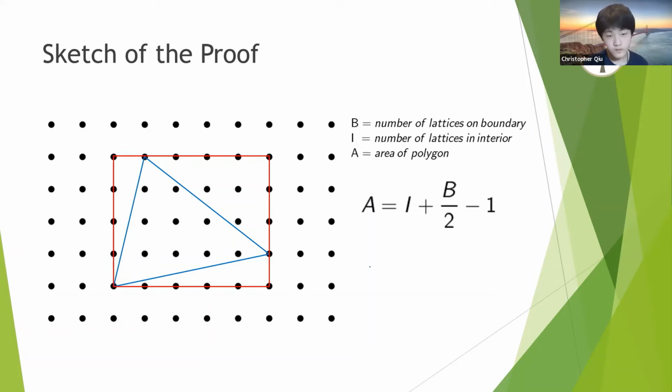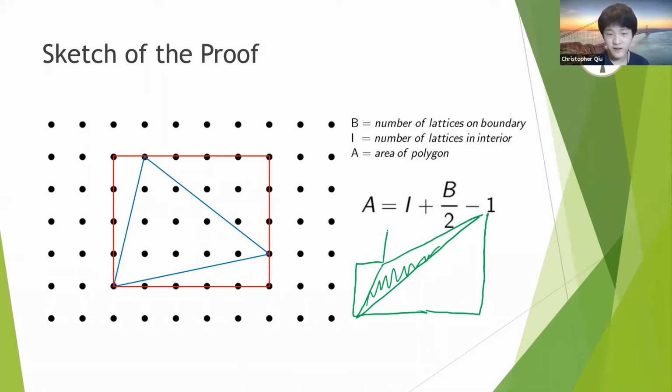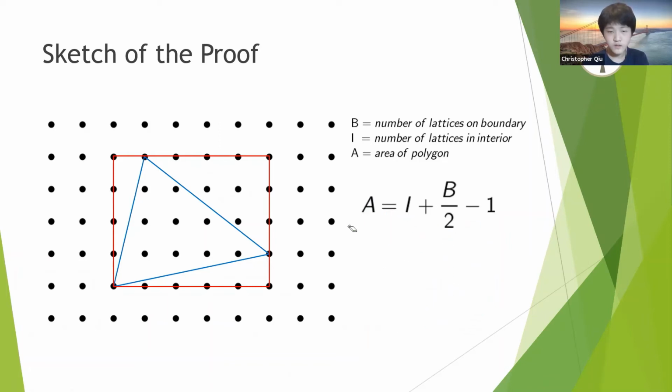There's just something that you need to check: if you have a triangle like this, you have to divide the rectangle in this way, because you can't divide the rectangle as shown in the diagram. So you'll have something like this instead. So these are just some details. And now we've proven that Pick's theorem holds for any triangle.